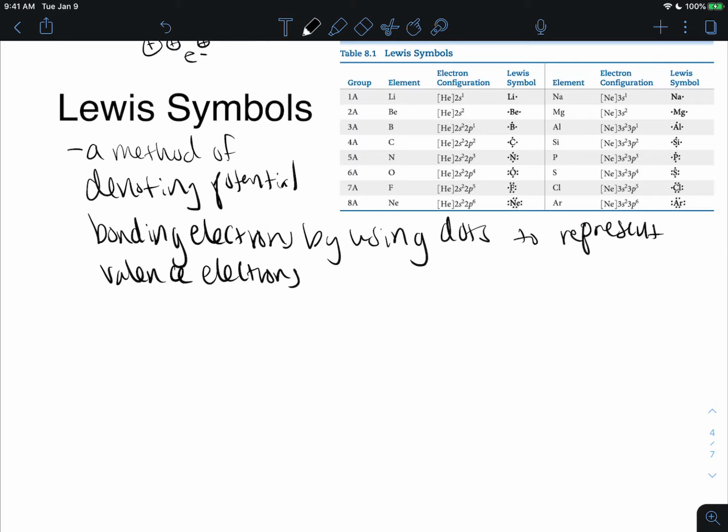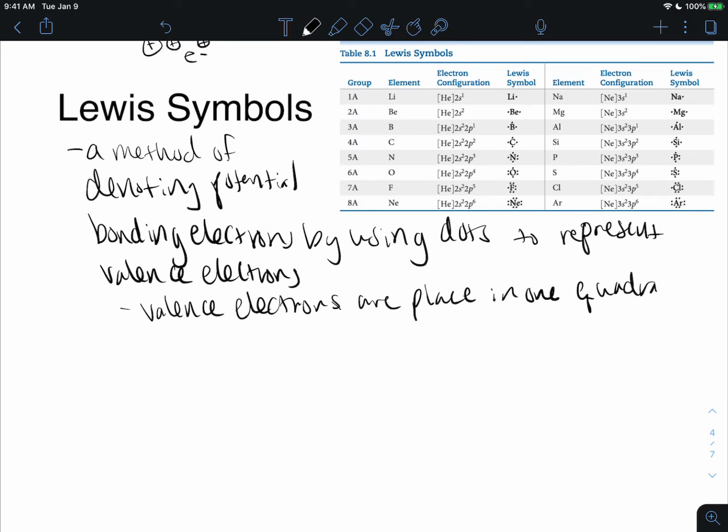Okay, and within our Lewis symbol, our valence electrons are going to be placed in one of 4 quadrants around the element symbol. With our Lewis symbols, this can be done for atoms or ions.